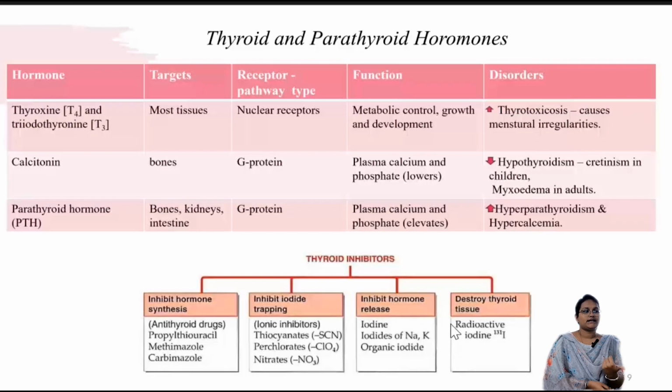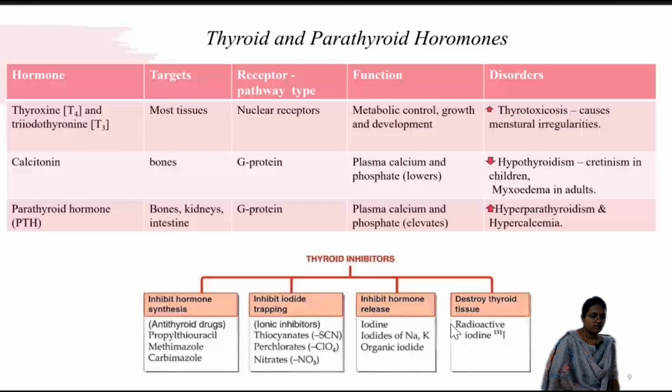One DIT and one MIT form triiodothyronine, T3. In that biosynthesis pathway, these drugs work by inhibiting hormone synthesis, inhibiting iodide trapping, inhibiting hormone release, and destroying the thyroid tissues. And like this, the thyroid inhibitors are used.